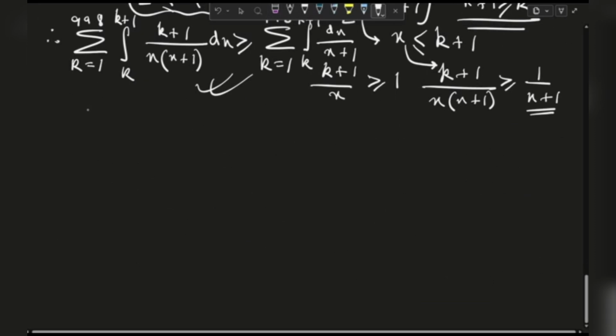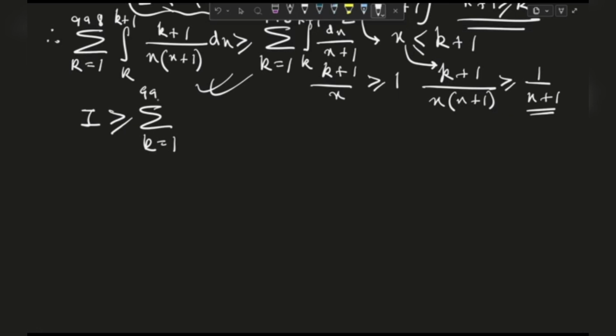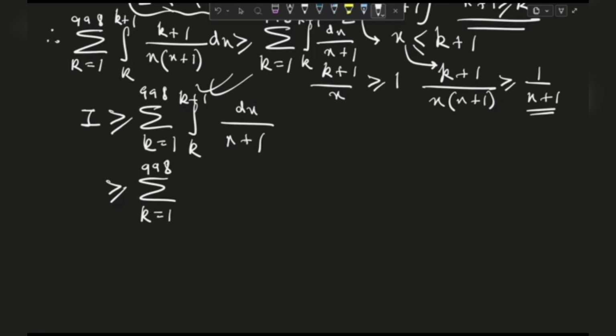Anyways, let's calculate this thing. This is your I. And this thing is sigma k equals 1 to 998, integral k to k plus 1, dx by x plus 1. So this is ln of x plus 1 with these limits, so ln of k plus 2 minus ln of k plus 1.